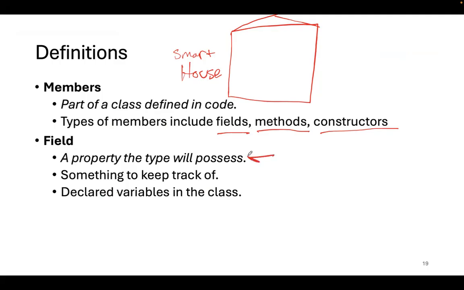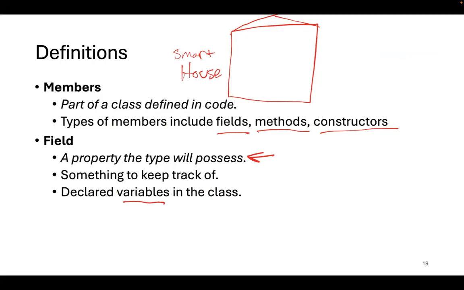Fields, remember for the smart house, we talked about like, here's an array of all the lights. Here's a Boolean for are the lights on or are the lights off? Properties, things that we keep track of. Those are called fields. And so those end up being variables that we declare in the class.